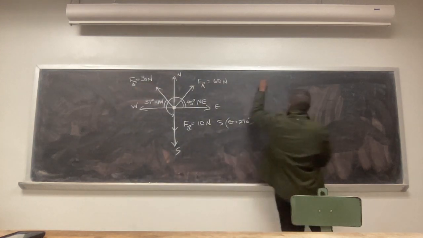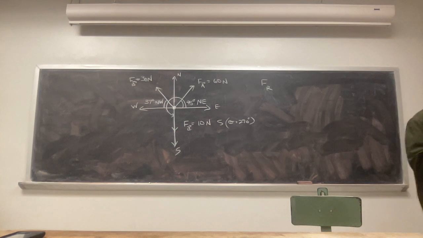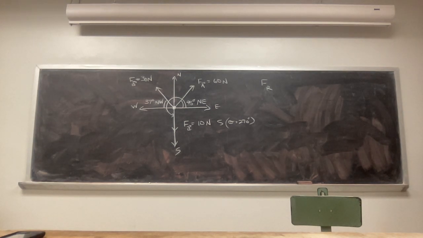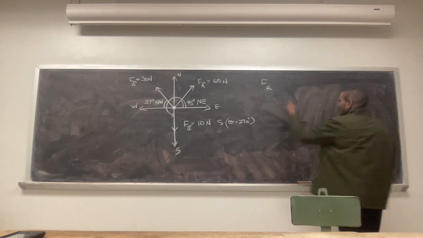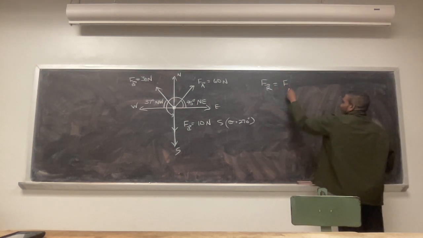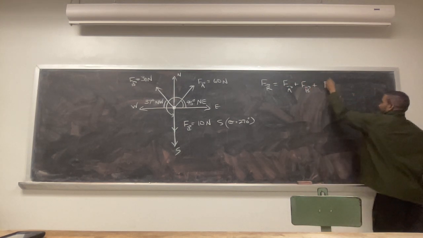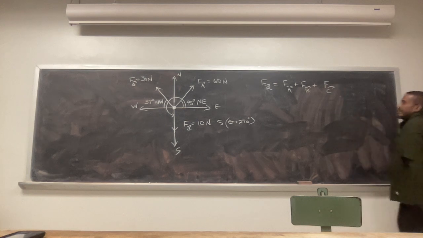In order to get a resultant force, it's a result of force A, force B, and force C at the same time. My resultant force, which is also a vector, is A plus B plus C.